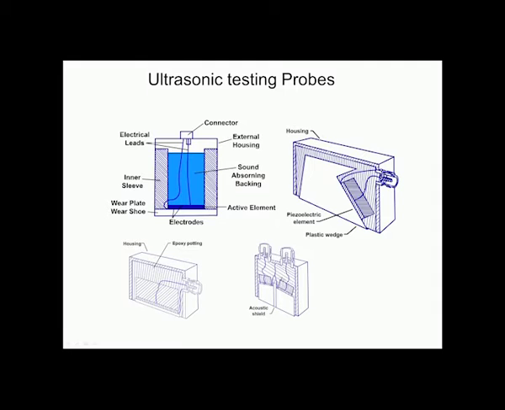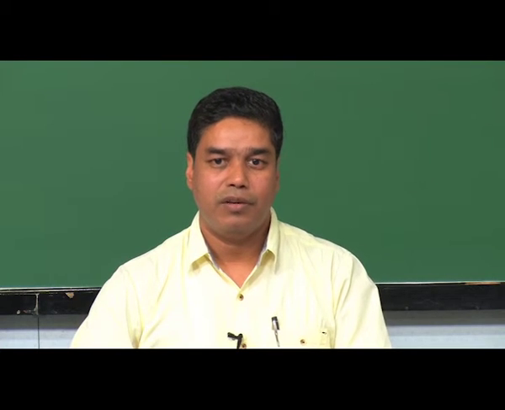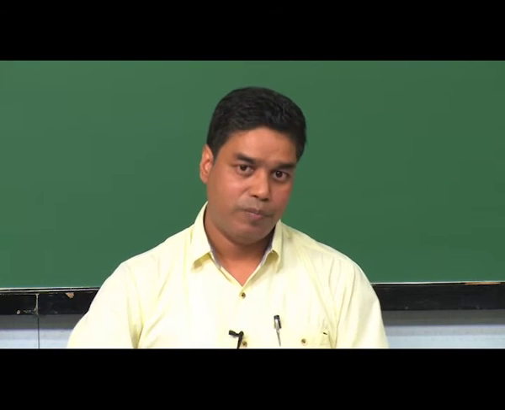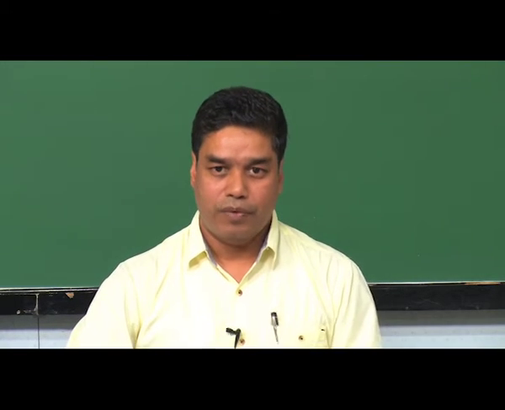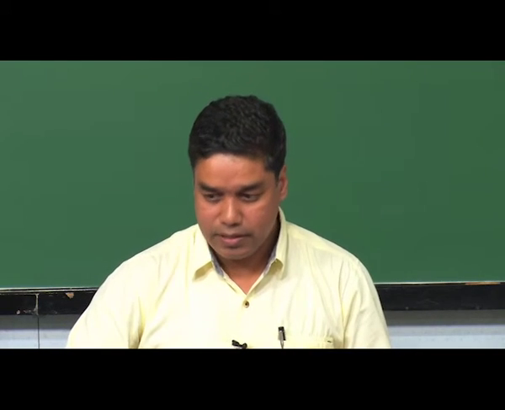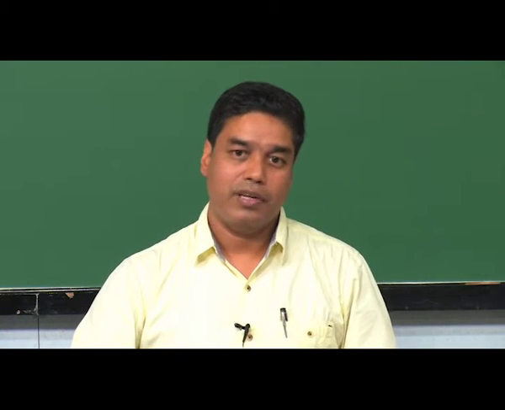These kinds of probes can be used when you do close surface inspection, because in that case, since the reflector is very close to the probe, the dead zone effects will be prominent. In order to avoid that, this dual element probe can be used, wherein you have two separate elements, one for transmitting and another for receiving. So, this is what is being shown over here. Okay, so that is how the construction is for these ultrasonic probes.